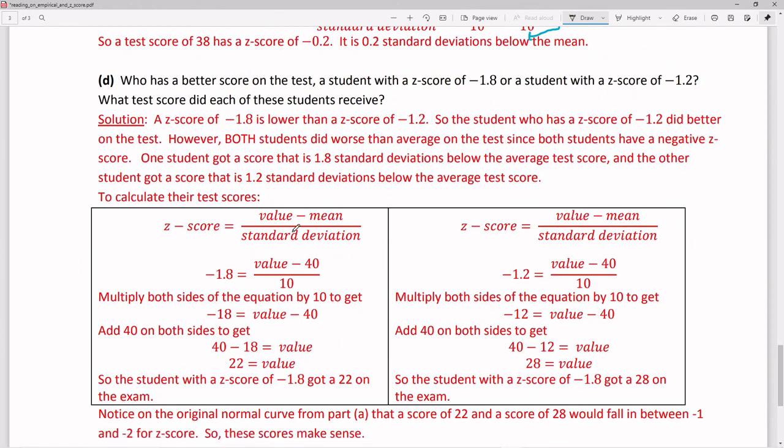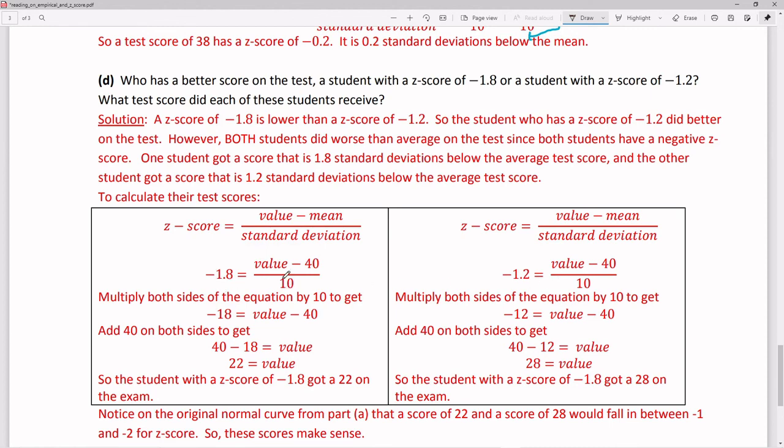Here is our z-score calculation. What do we know? Student 1, we know they got a negative 1.8 z-score. We know the mean of the class and the standard deviation. Got it? Student 2, negative 1.2, we know their z-score. We know the average. We know the standard deviation. Got it. Solve.